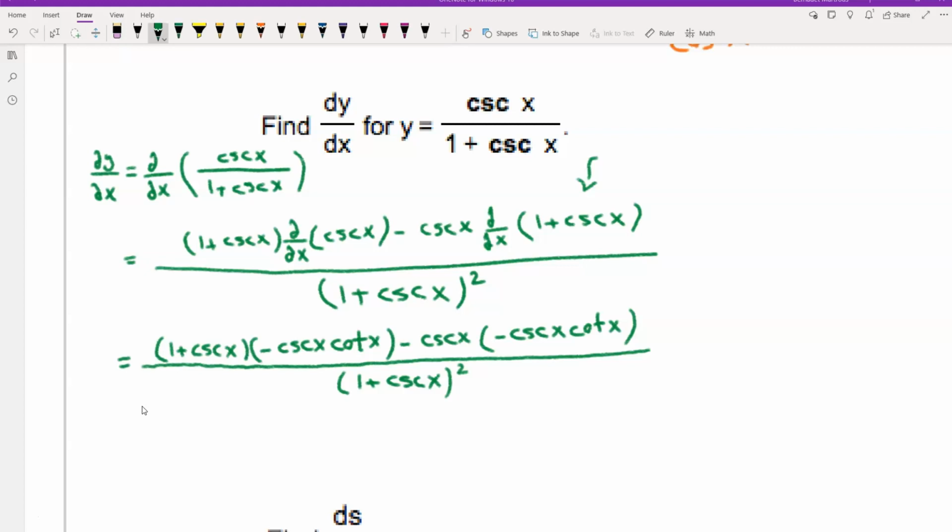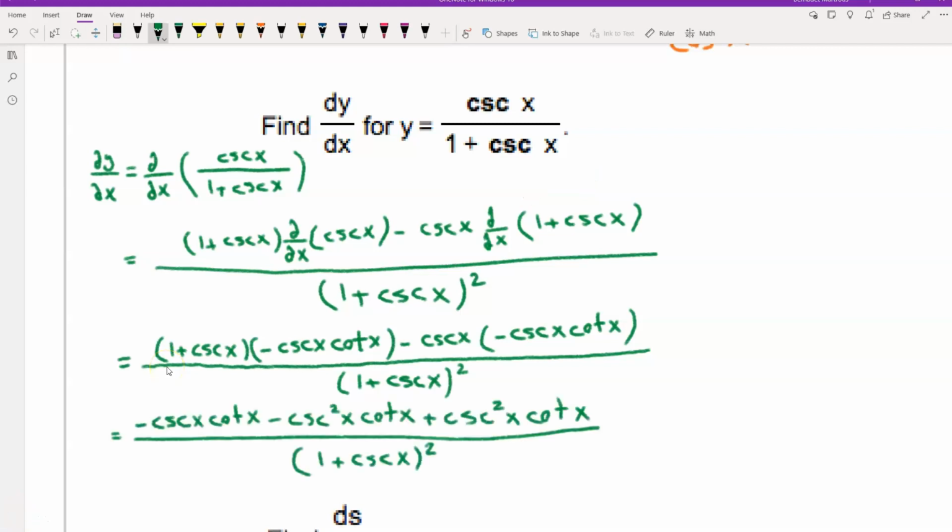Here we have the derivative of 1 is 0 and the derivative of cosecant x is negative cosecant x times cotangent x, and then divide by 1 plus cosecant x squared. And now here multiply, we have 1 times negative cosecant x cotangent x, and here multiply cosecant x times negative cosecant x cotangent x.